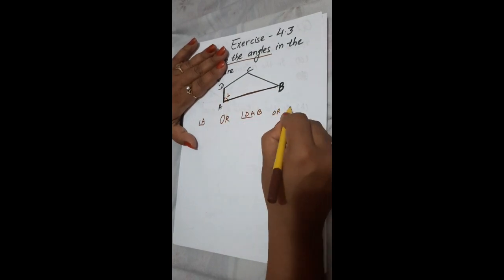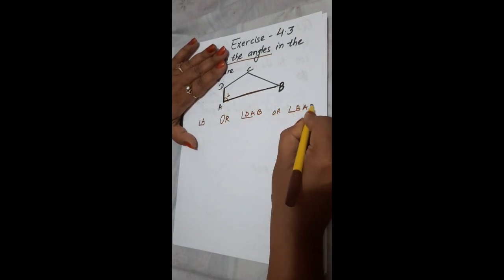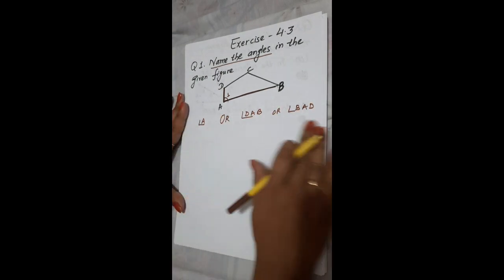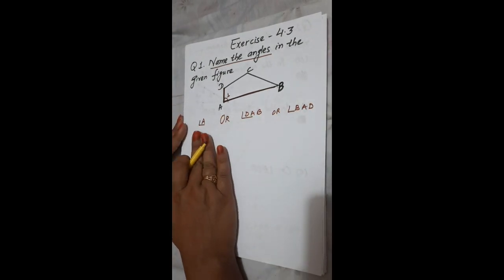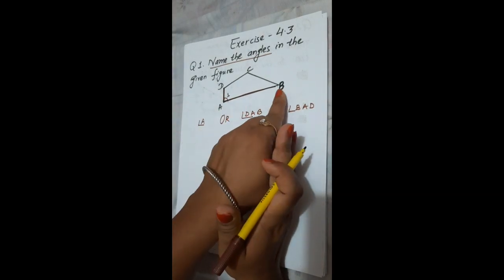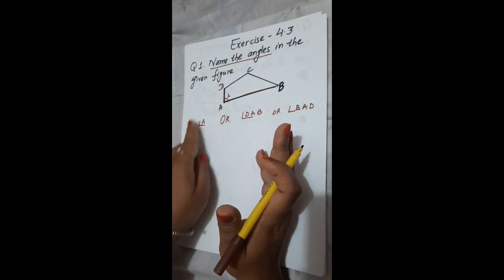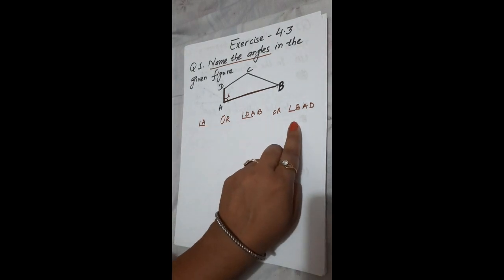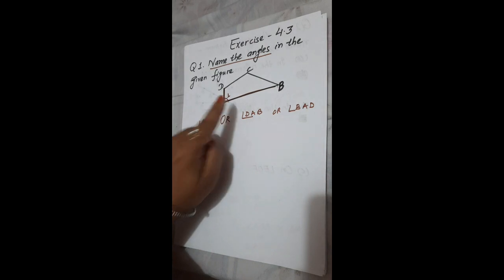So in this way you can write angle A or DAB or BAD. All the three ways are correct. It's up to you. You can write any one. So this is the first angle.